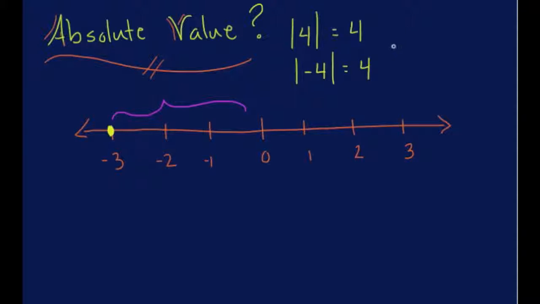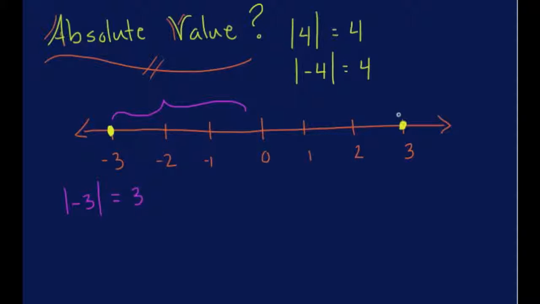Distance always has to be represented as a positive number. That's why absolute values always have to be positive. So the absolute value of -3 is the distance from -3 to 0 on the number line. How many spaces is it? It's positive 3 spaces.